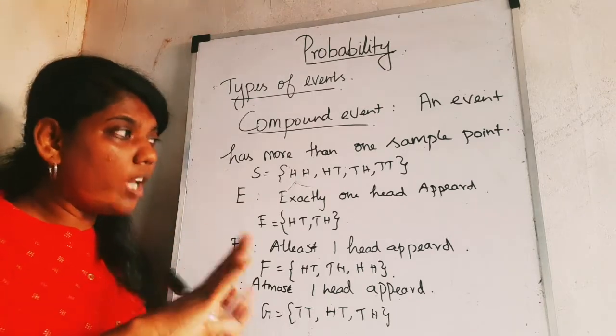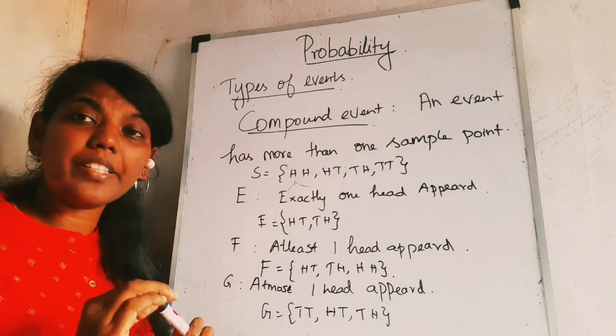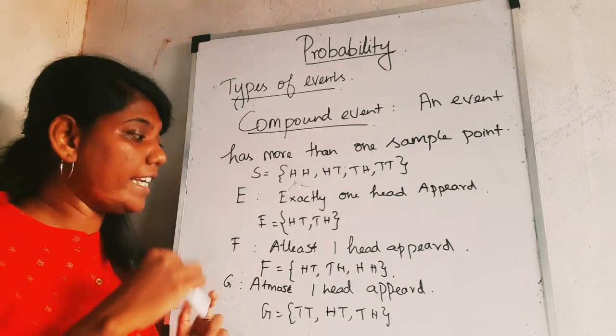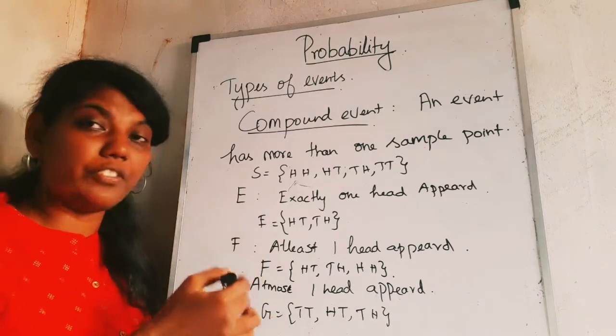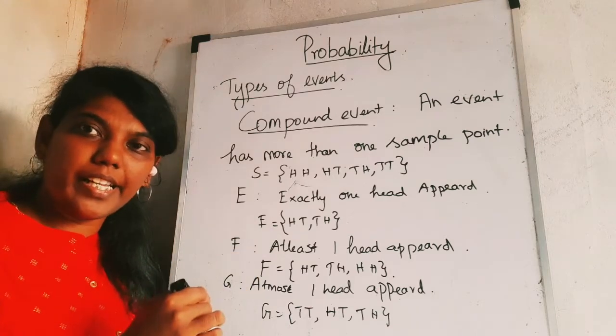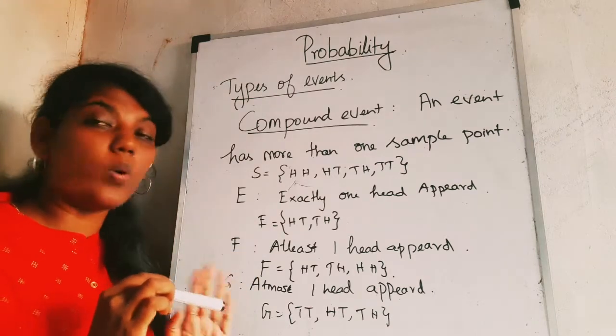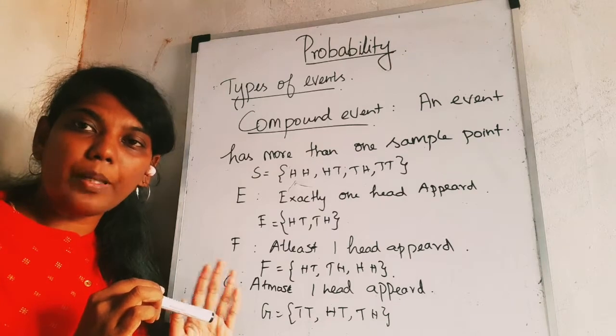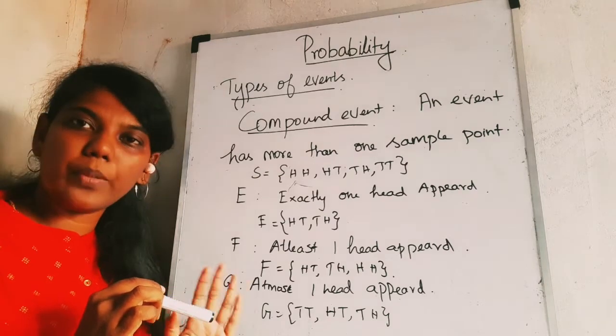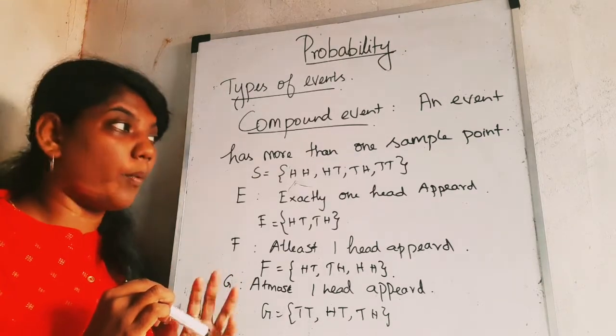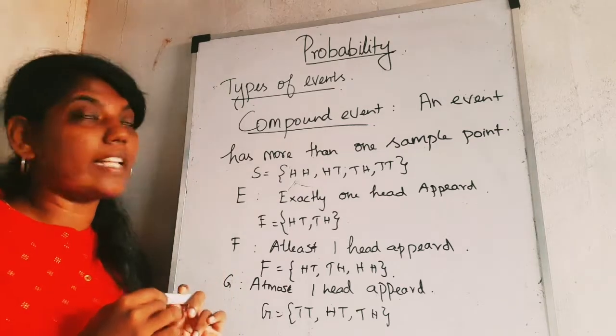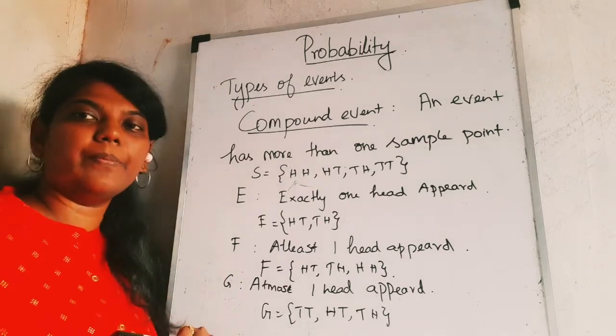All of these are compound events. Why? In each event, E, F and G, the number of sample points is more than one. If the sample point is only one, we say it is a simple event. If the sample points are more than one, we say it is a compound event.